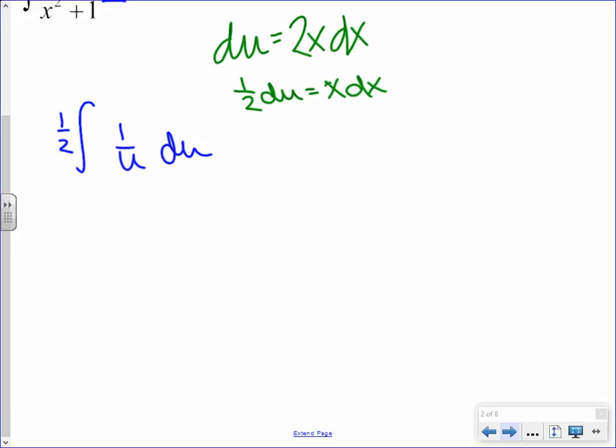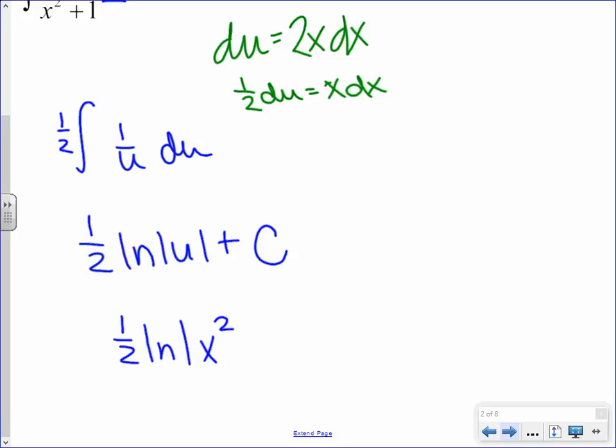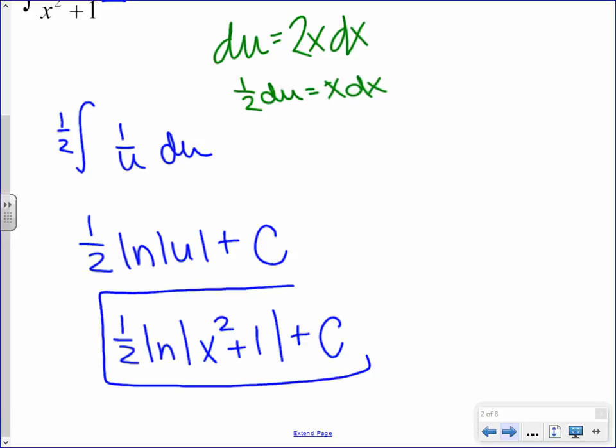The antiderivative of 1 over u, what's this? Natural log of the absolute value of u plus c. So, what was our original x squared plus 1? So our final answer is 1/2 natural log of x squared plus 1 plus c.